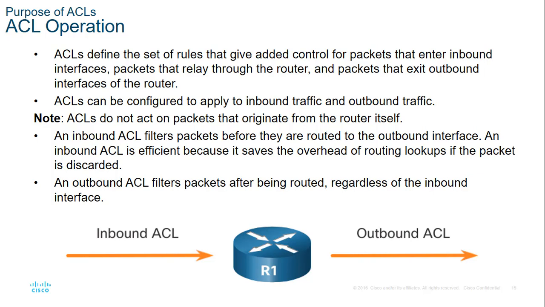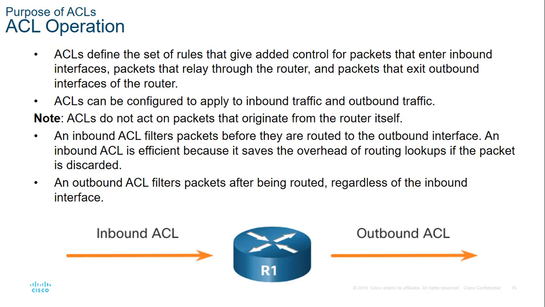An inbound ACL filters packets before they're routed to the outbound interface. An inbound ACL is efficient because it saves the overhead of routing lookups if the packet is then discarded. So if the packet is permitted by the ACL, it is then processed for routing.